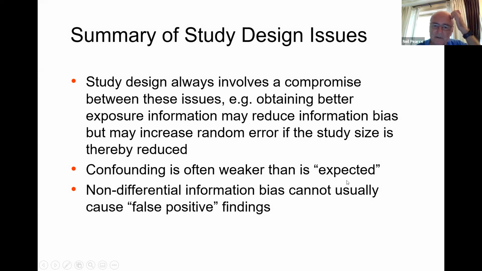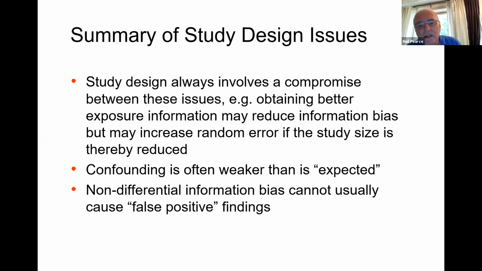Two other points to finish on. I say confounding is often weaker than expected, that's very context dependent, but in occupational studies, usually confounding is not such a big issue. It's a much bigger issue in maybe studies of lifestyle, like nutrition, or whether people smoke, or whether they take vitamin E tablets.